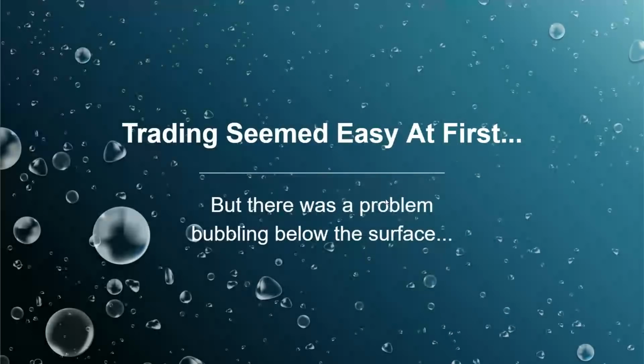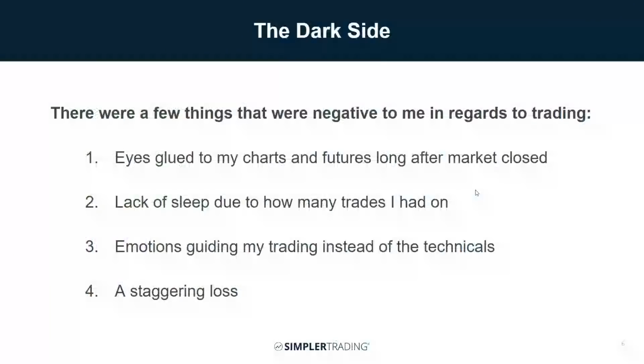So trading seemed easy at first, right? Especially when you start off with winners as your first trade, you're like, oh yeah, I got this down. But there was a problem bubbling below the surface that I wasn't aware of at first. And as I continued my trading journey, there were a few things that were negative to me in regards to trading, right? The first one was that my eyes were glued to my charts and futures long after market closed.